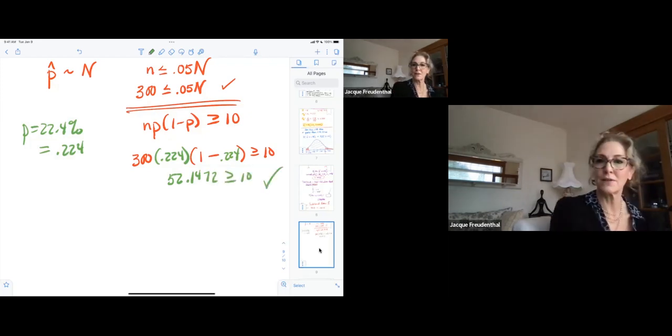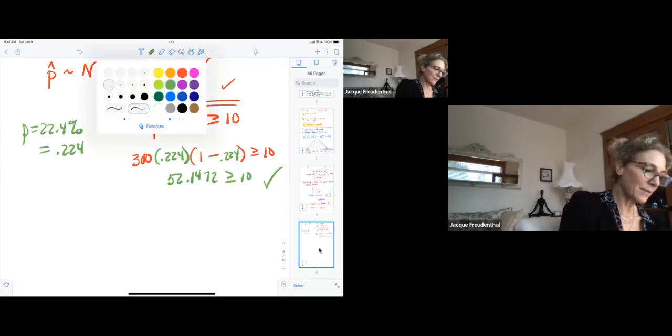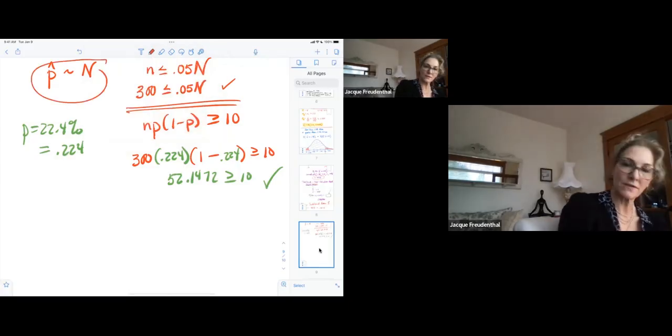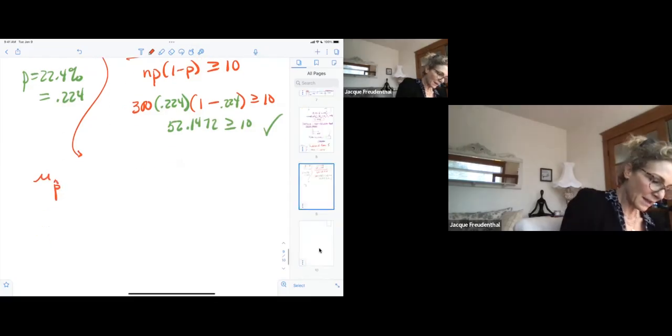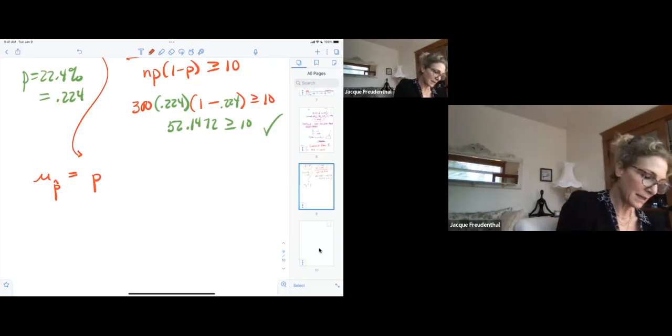So we have met that characteristic as well. So now we know that my proportion follows a normal model. So now we need to look at the mean of the sample proportion. We know it's equal to p, so that's equal to 0.224.